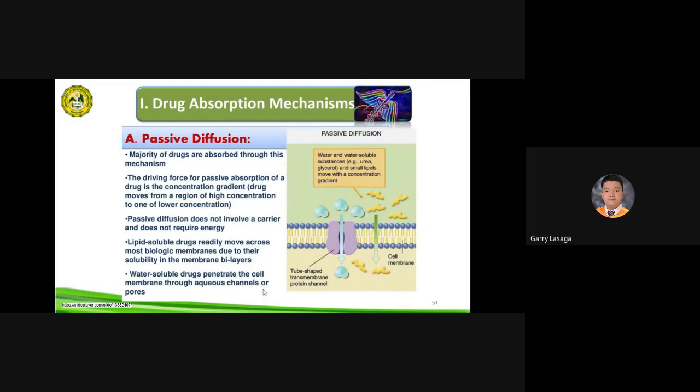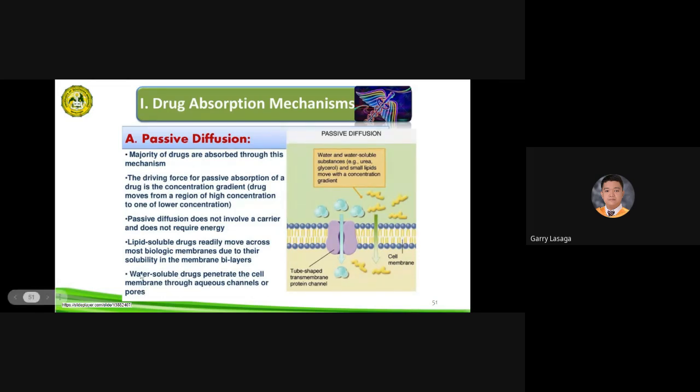So when we say aqueous channels, these are channels made up of, for example, protein, such as an integral protein in the plasma membrane that will aid substances such as water to enter the cell, go out of the cell, or be transported in the cell.